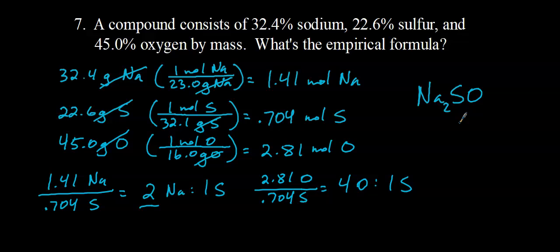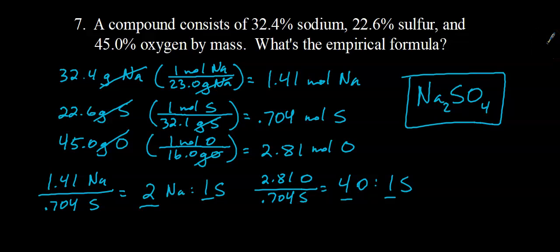According to the ratios, both of them, how many sulfurs in the compound? And according to the ratio, how many oxygens in the compound? So our empirical formula is Na2SO4. Of course, that is the formula for sodium sulfate.